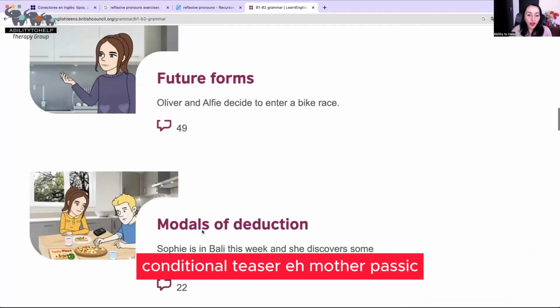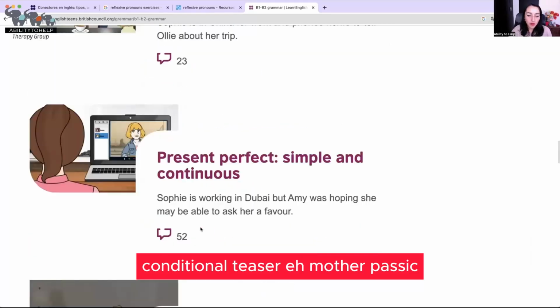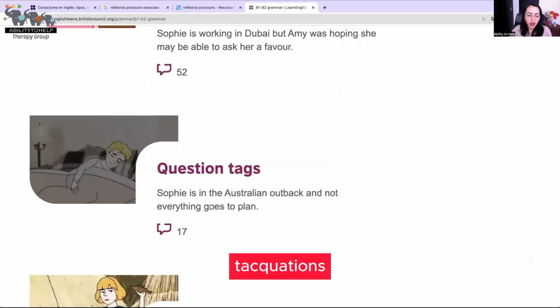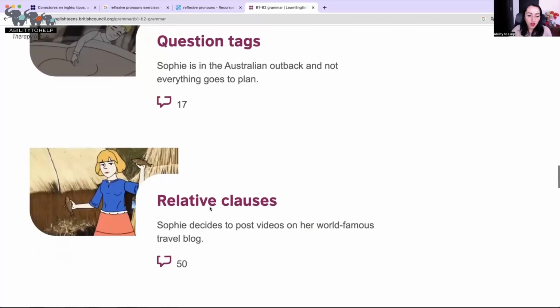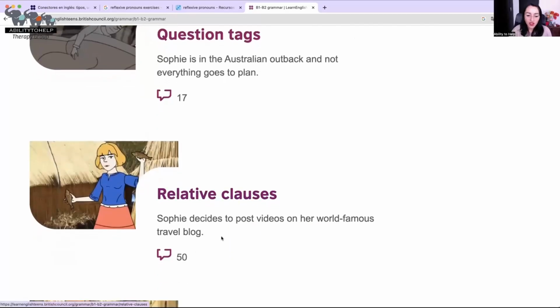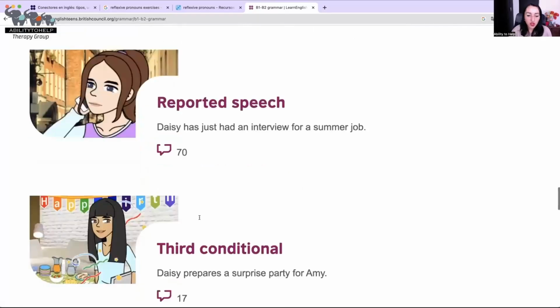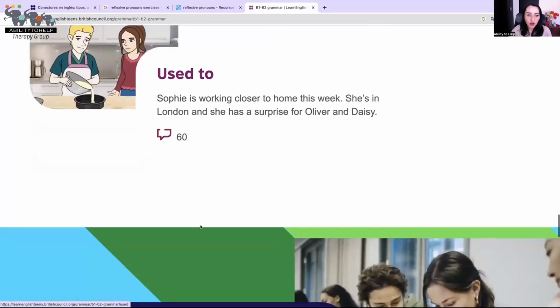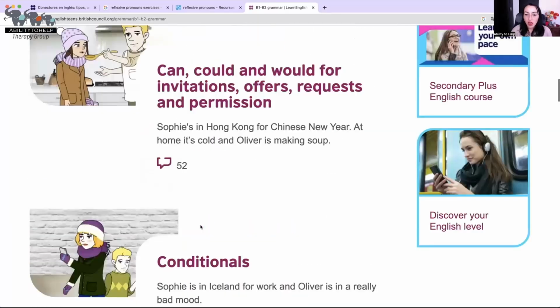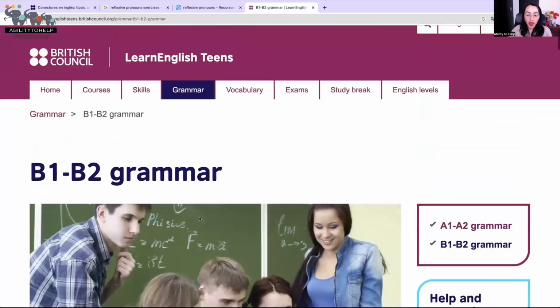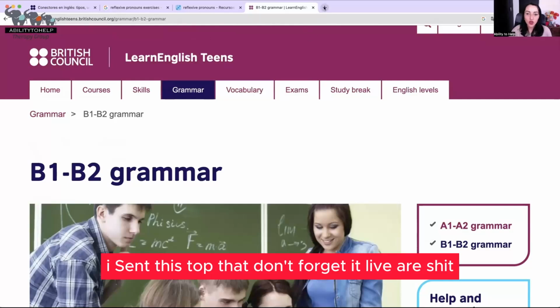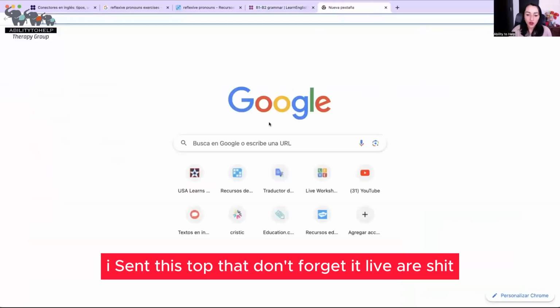Conditional, future, modal, passive, tag questions, relative clauses. Reported speech, third conditional, used to. Okay. On the British Council page, there isn't this topic, but don't forget it.